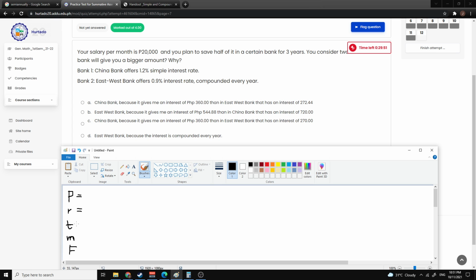These are really the 5 main variables that you have to keep in touch. So let's start with Bank 1.